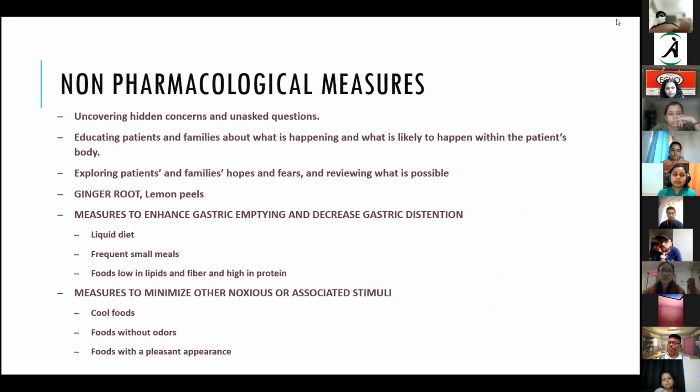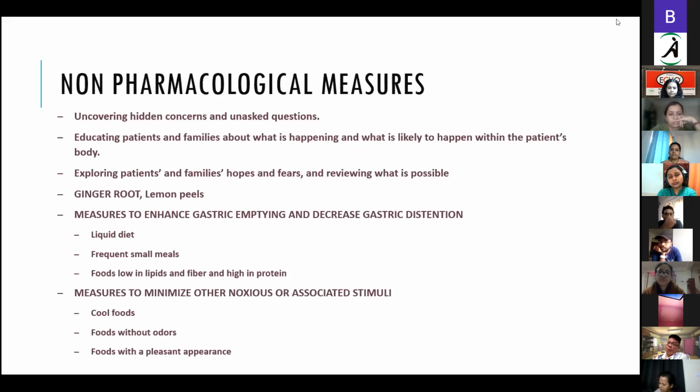While we talk about pharmacological measures, there is also inclusion of non-pharmacological measures that can help the patient cope with this symptom in a better way. As I talked about in history taking, it's important to uncover a lot of hidden concerns and unasked questions that could be there, anxiety around certain things, drugs; they might have their own preconceived notions about certain medications or certain procedures that are being done.